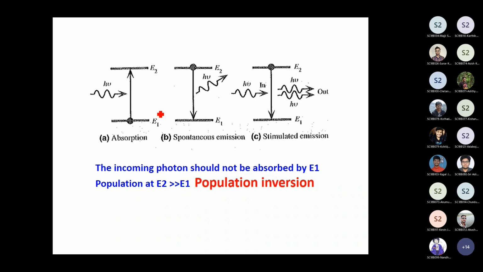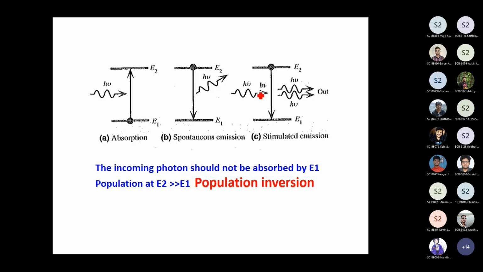Whereas what we are interested in is stimulated emission. Stimulated emission means you have an electron that is excited, and you have an incoming photon whose energy is exactly equal to the energy separation between E2 and E1.